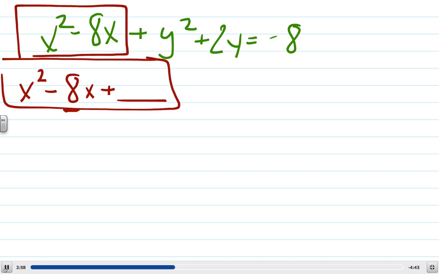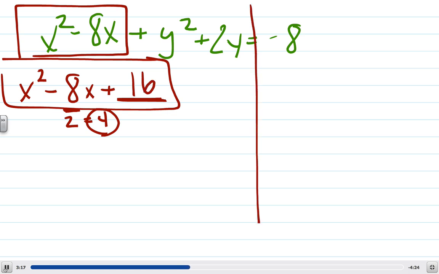The middle number was double, so let's divide it by 2, which gives me 4, and the second number was always the square of that number, so I would add 16. Now don't forget that if we add 16 to one side, we're going to add 16 to the other side.